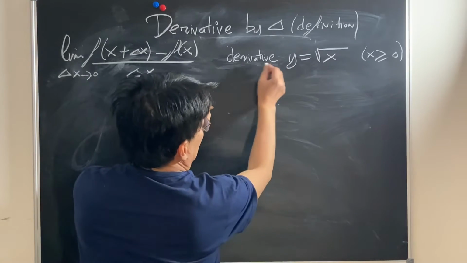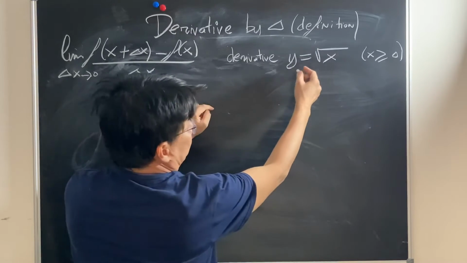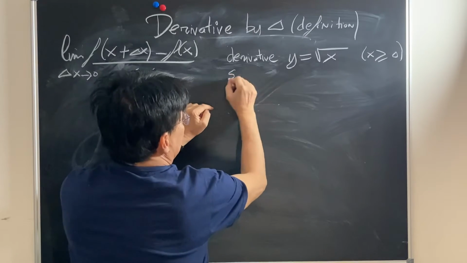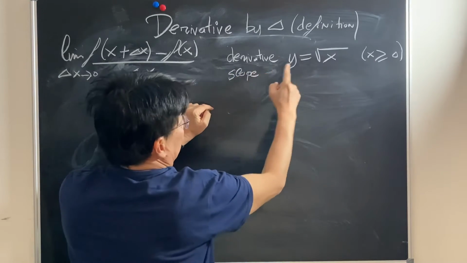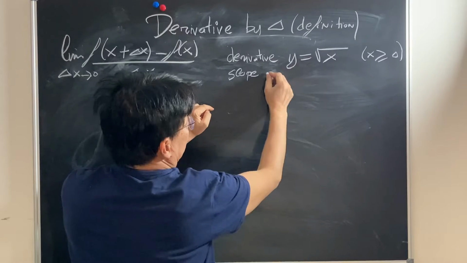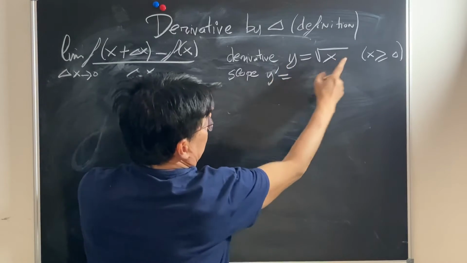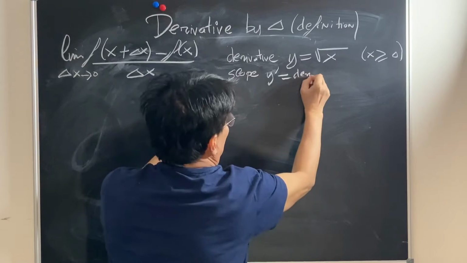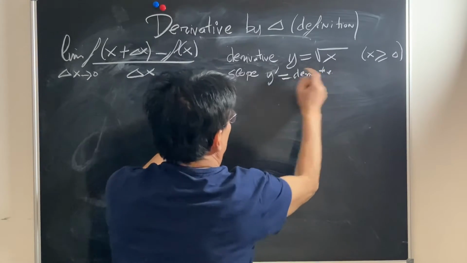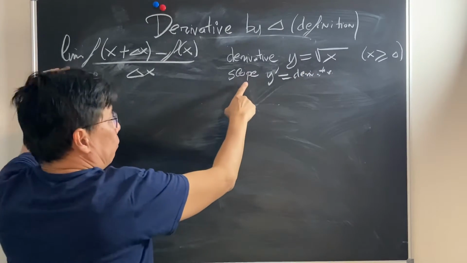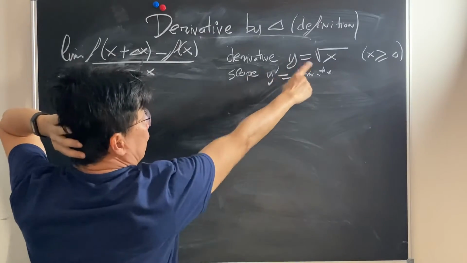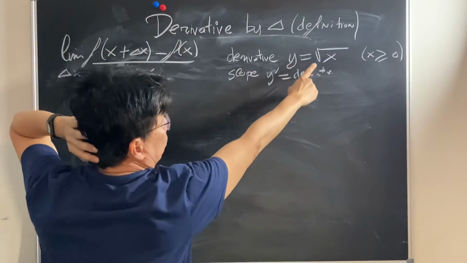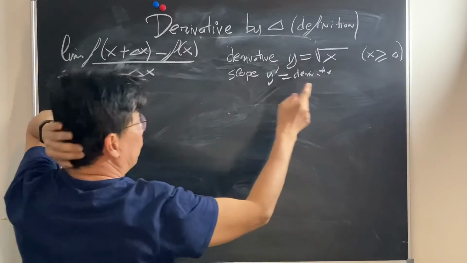The derivative or slope of one function is y prime, which also equals the derivative. So if they say find the slope of y equals square root x, or find the derivative of y equals square root x, it's exactly the same thing.